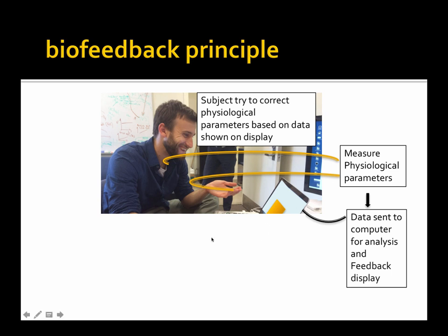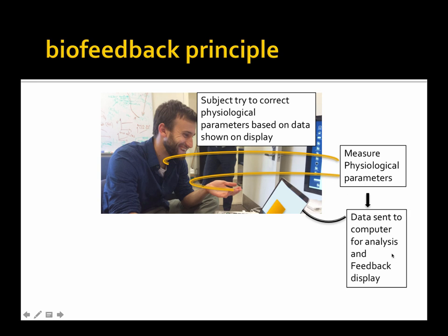Here is a schematic. Actually, Pete here was not running an experiment, but rather submitting a paper. But we modify this. In a regular experiment, you will have a subject that is trying to correct some physiological parameter, right? And this will be done based on some information that we are giving to him or her. So for that, we need to measure a physiological parameter.